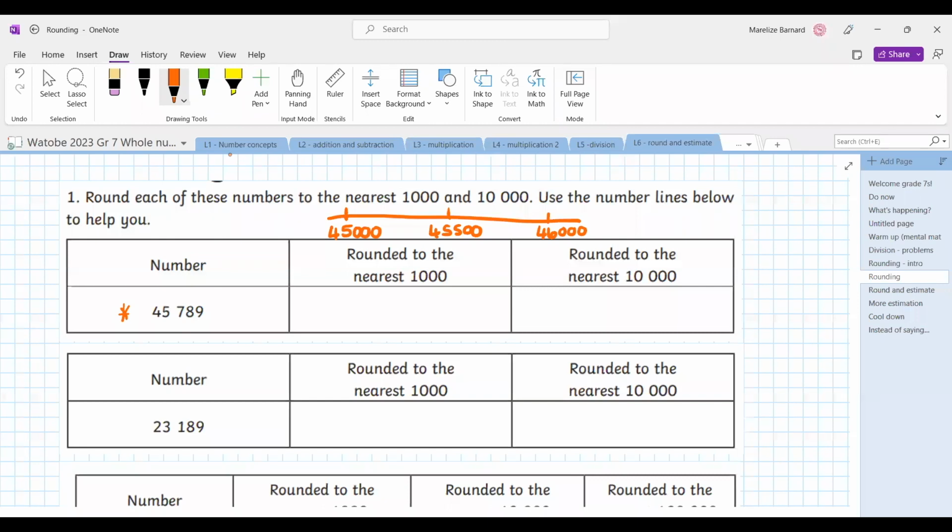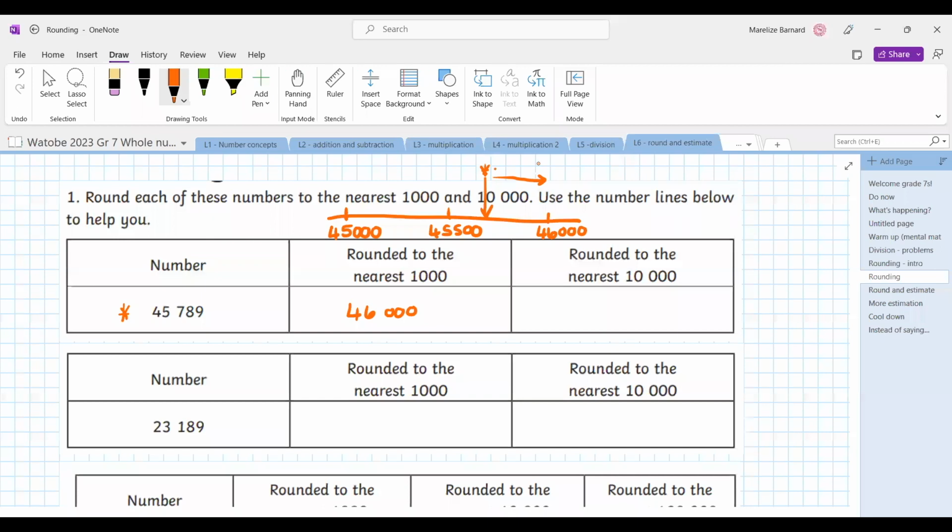Now, 45,789, that's probably going to be somewhere around here. So we are going to do our ant walk to the closest 1,000, which is the 46,000. Trust me, you're going to get so good at this that you're not going to need a number line anymore, and you're just going to look at the number and know.